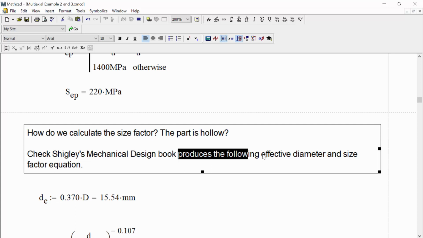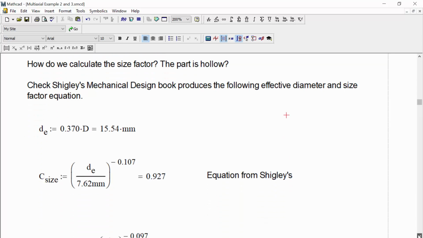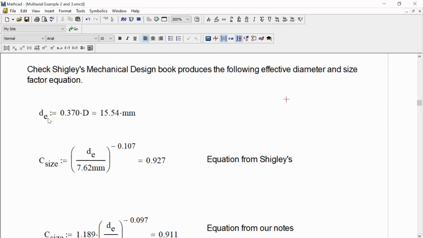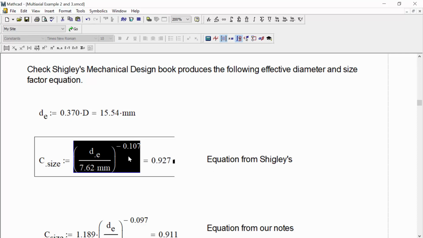And in that book, we find that we can use an effective diameter and size factor equation to figure out what that Marin factor is, where the effective diameter for a hollow part would be 0.37 times the outside diameter. So we find our effective diameter is 15.54 millimeters, and then we can plug that in to the proper sizing function that exists, where that 15 millimeters exists.